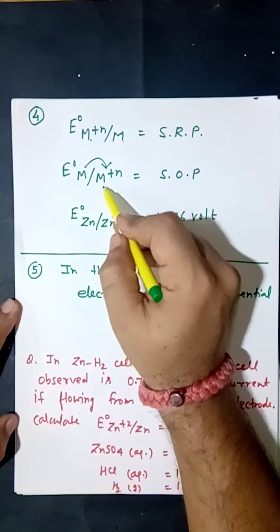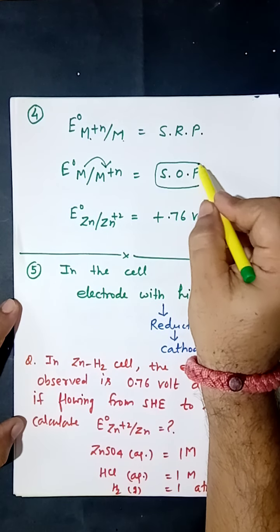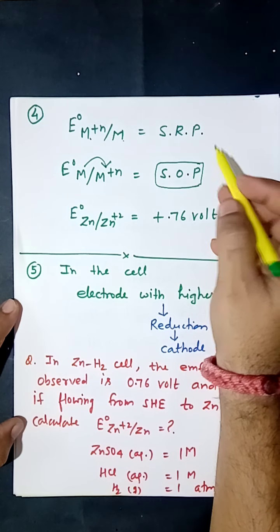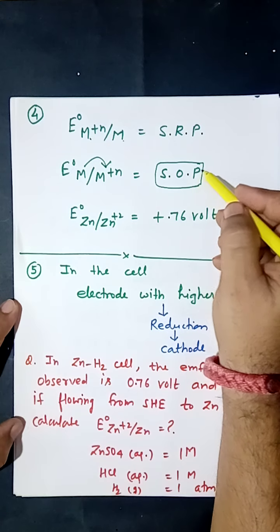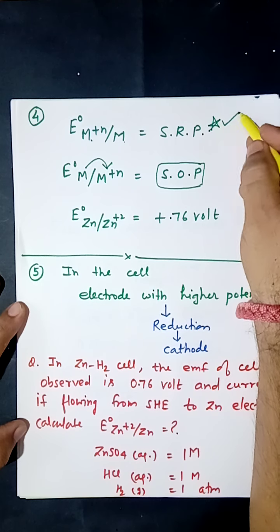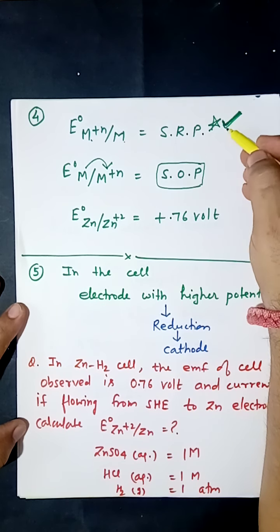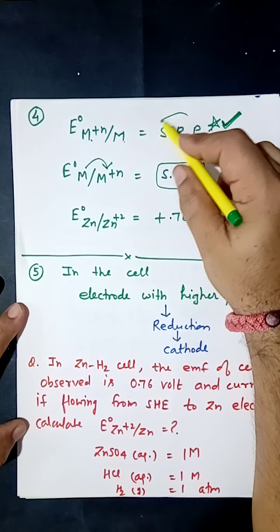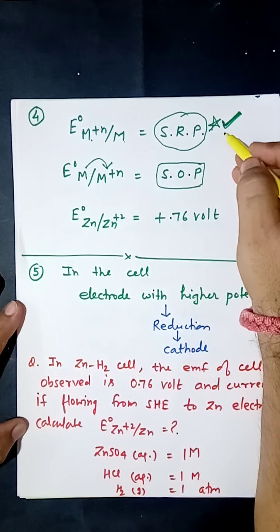So this is an oxidation reaction, and therefore the number for this will be considered standard oxidation potential. We can express both, but by default we use only standard reduction potential for all types of calculations, whether it is a numerical or a theoretical subjective question.